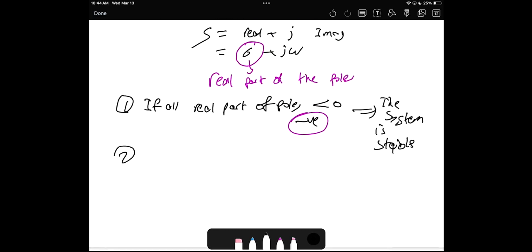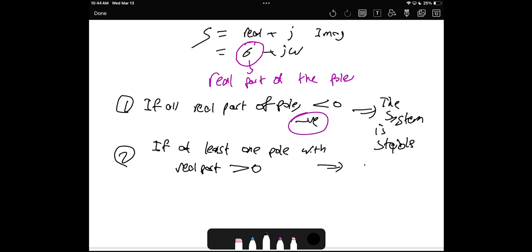Number 2: if at least one pole has a real part larger than 0, then the system will definitely be unstable.